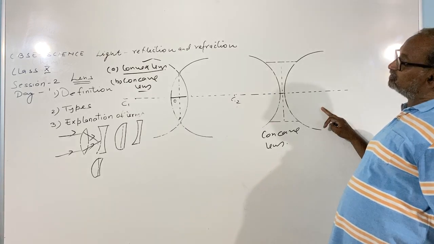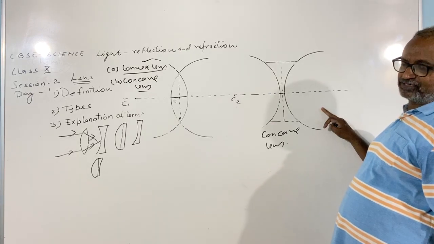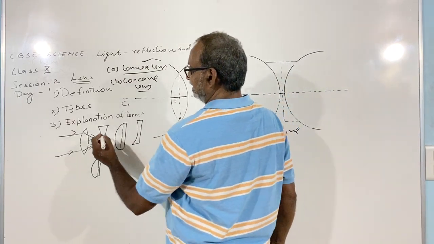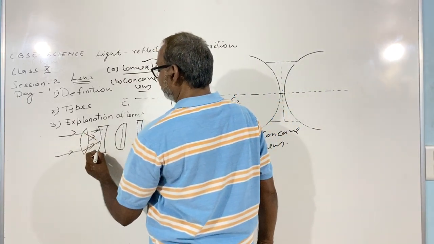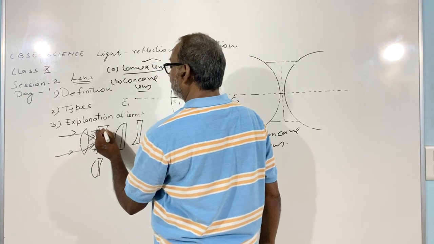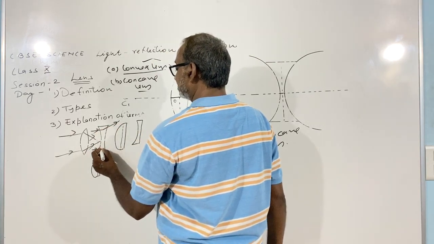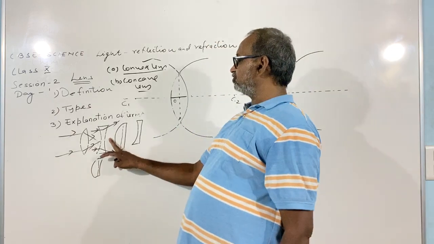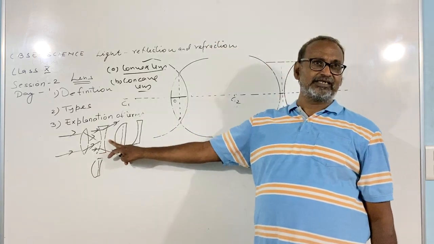The concave lens is also known as a diverging lens. Why? Because it has a tendency to diverge the rays of the light falling on it. जो लाइट रेज इस पर गिरती हैं इनको ये दूर हटा देता है. So it is also known as a diverging lens.